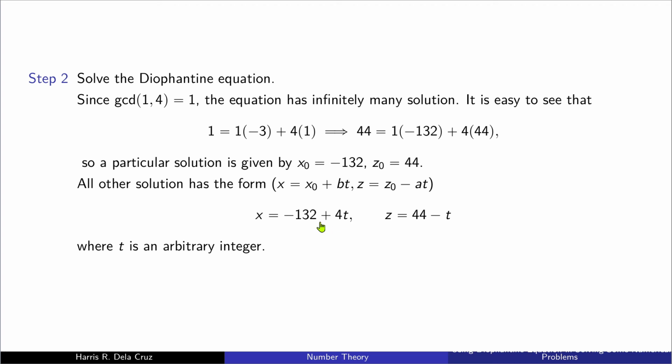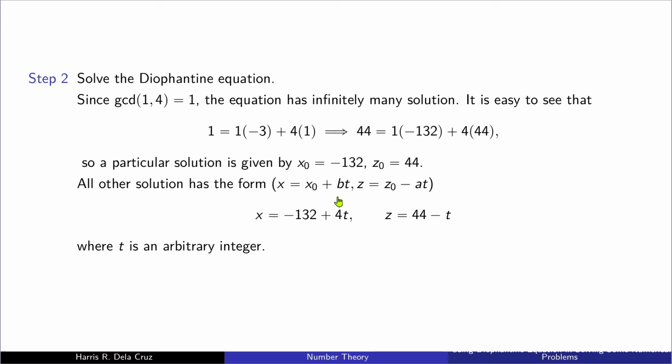Anong ibig sabihin nun? Kung lalakihan natin yung 4t, sabihin natin yung t, gawin natin 100. So, magiging this value becomes 4 times 100. That's 400. Negative 132 plus 400. Sobrang dami namang apples nun. Eh sabi natin, 12 lang yung total number of orange and apples na binili.